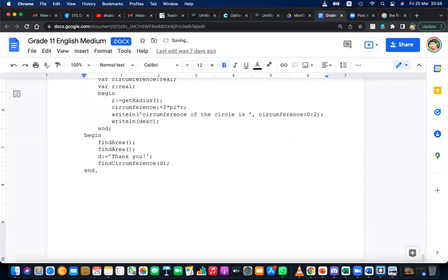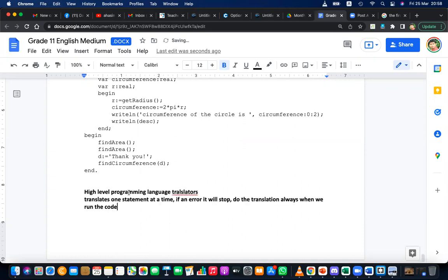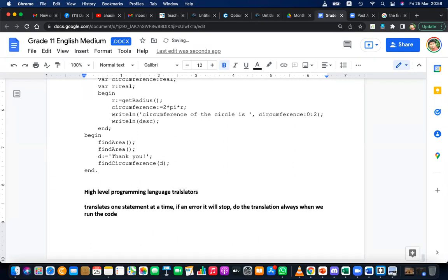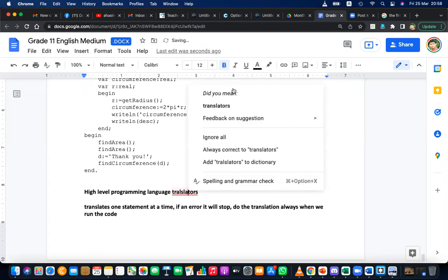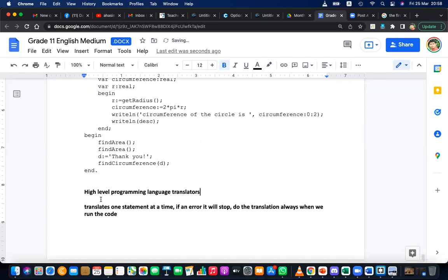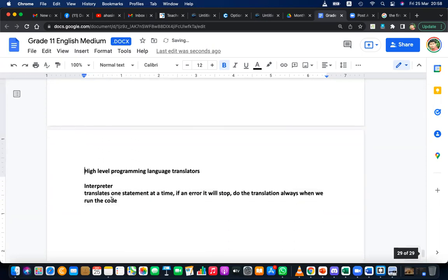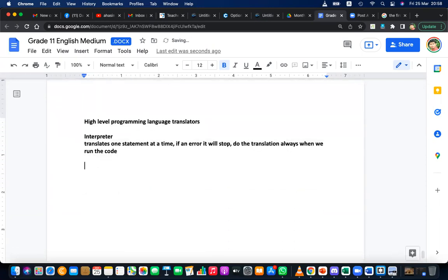High-level programming language translators. The first one is interpreter. The second one is compiler.